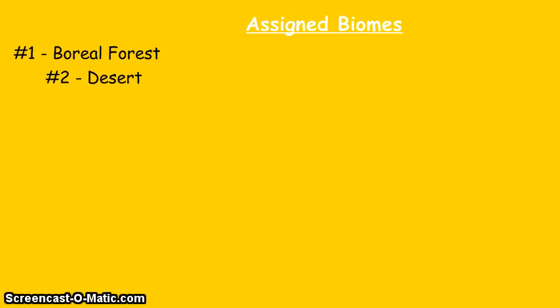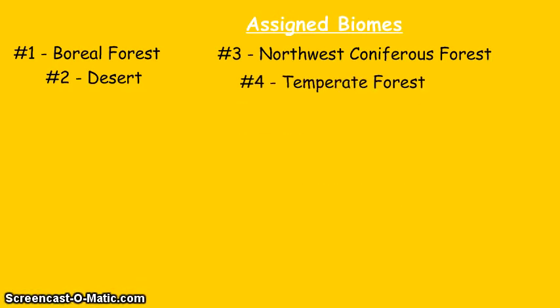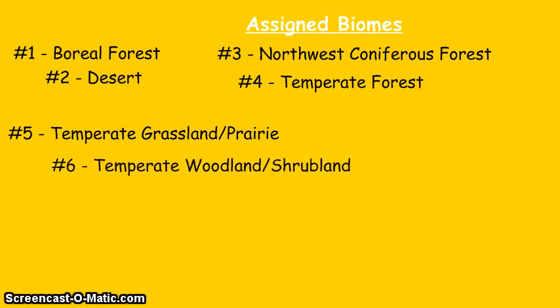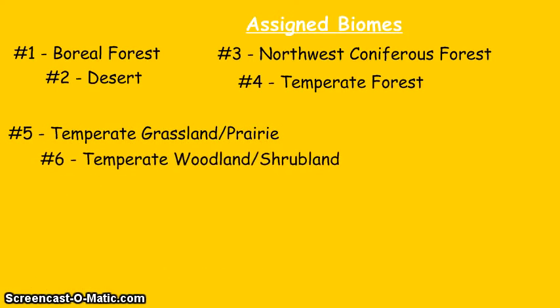Group number 3 is going to be assigned the northwest coniferous forest, also called the northwest rainforest. Group number 4 is going to be the temperate forest. Group number 5 is going to be the temperate grasslands, also called the prairies. Group number 6 is going to be the temperate woodland shrublands.